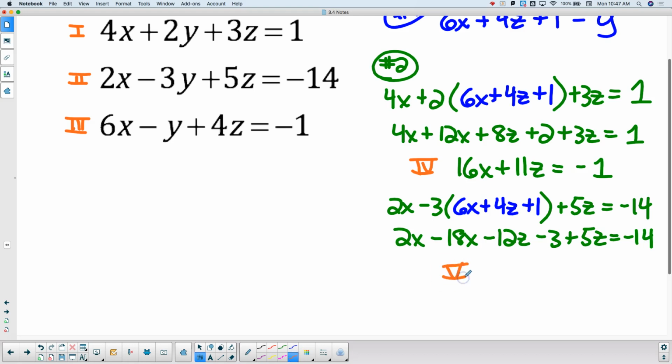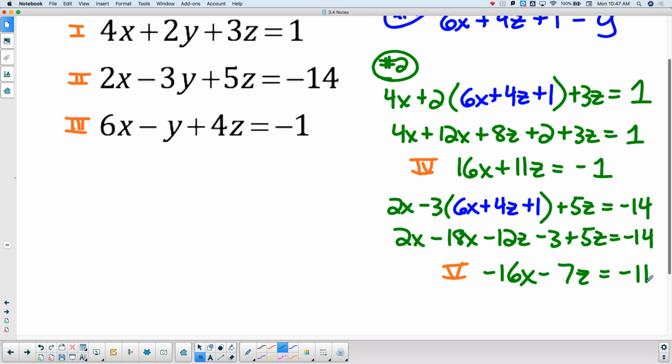We'll call this equation number 5. Negative 16x minus 7z equals negative 11. Yes?